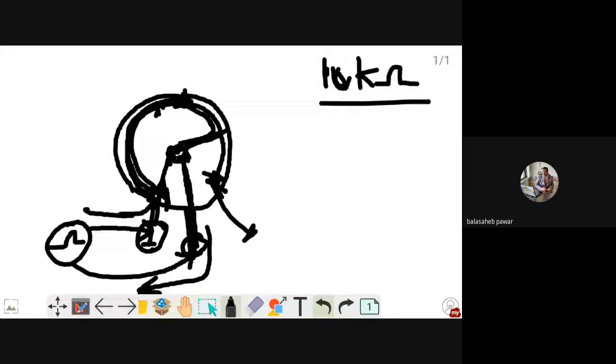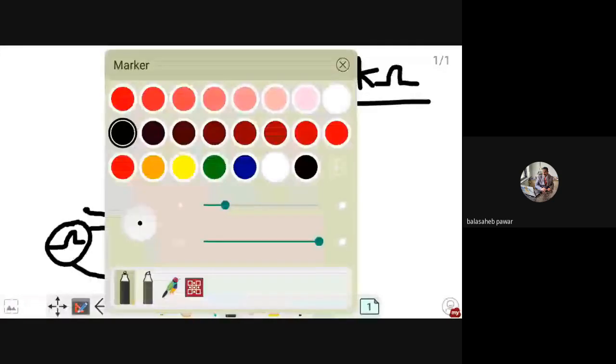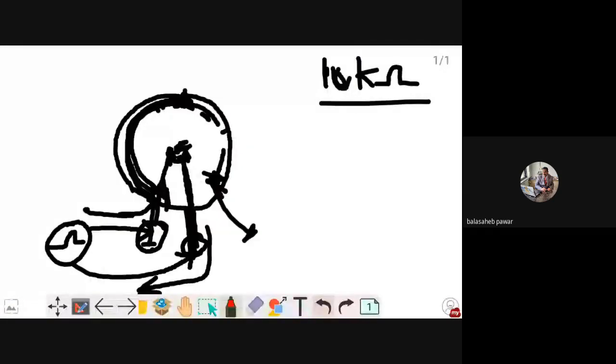Is it? Now the third condition we will take: instead of keeping the needle over here, I will place it at the start only. That means suppose the needle is placed over here. Third case. Again connect the DMM.